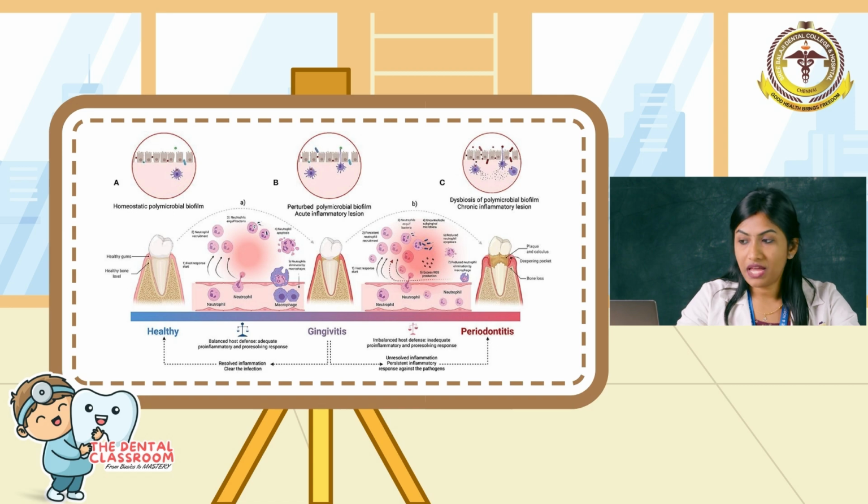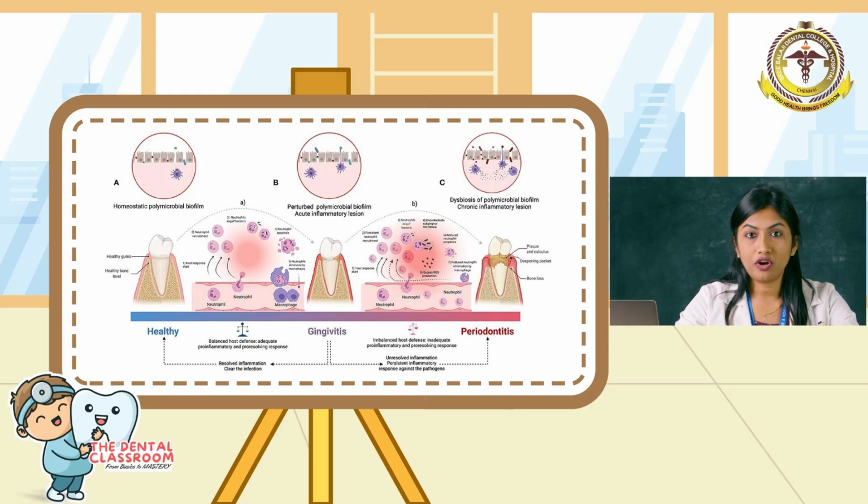In this imbalanced host defense mechanism, we are going to have uncontrolled neutrophil recruitment, uncontrolled adaptive immune cell responses, and uncontrolled complement activation. These three steps are going to increase the hyperinflammatory state and the release of cytokines. This is going to destroy both the pathogen as well as our host tissues, which is going to cause attachment loss and bone loss.